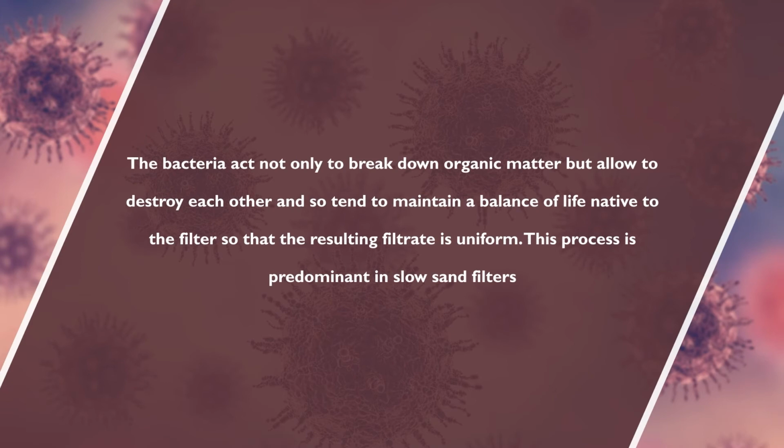The bacteria act not only to break down organic matter but also to destroy each other, and so tend to maintain a balance of life native to the filter so that the resulting filtrate is uniform. This process is predominant in the slow sand filter.